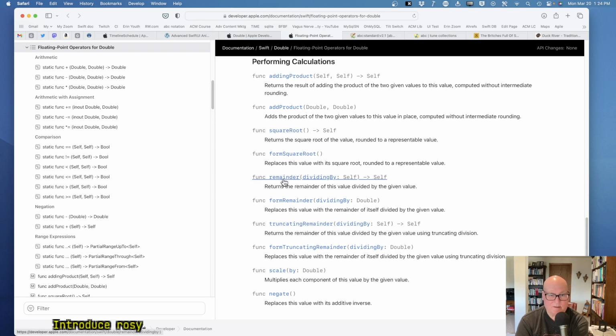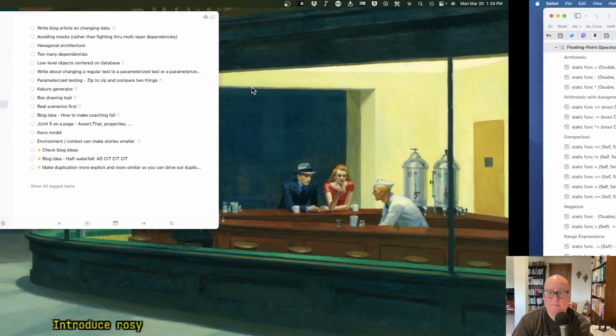I suppose I could take the remainder dividing by 1. No, would that work? Yeah, maybe.